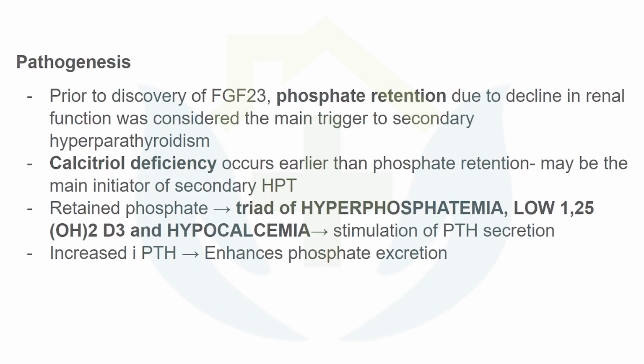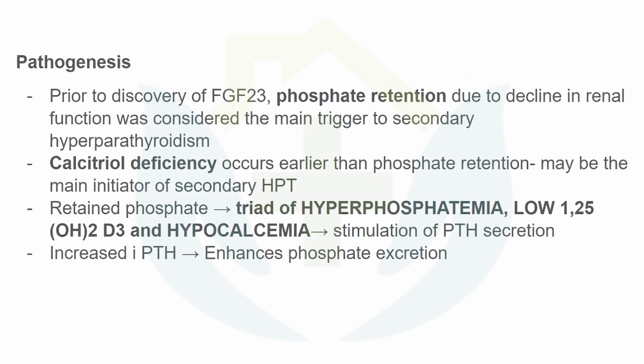So we have understood the definition of CKD mineral bone disease. Now let us look into the pathogenesis of CKD-MBD. Previously, the two main pathogenic factors for CKD-MBD were considered to be phosphate retention due to decline in renal function.